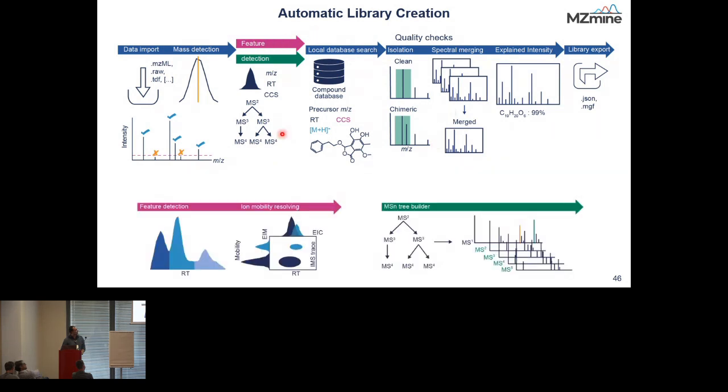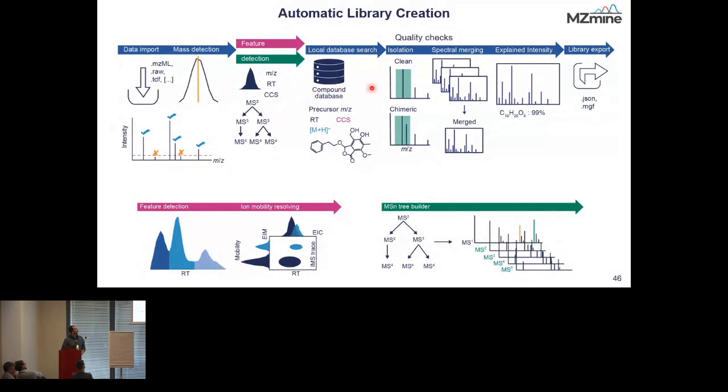The feature detection module includes the standard feature detection algorithm that I showed before, including the ion mobility resolving if it's done with ion mobility. But it also includes the MSn builder, which is a new module that puts all the MSn spectra together into this tree form. So we get a complete structural characterization of that molecule in the feature list with the feature.